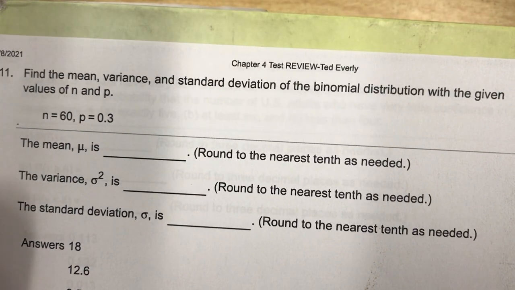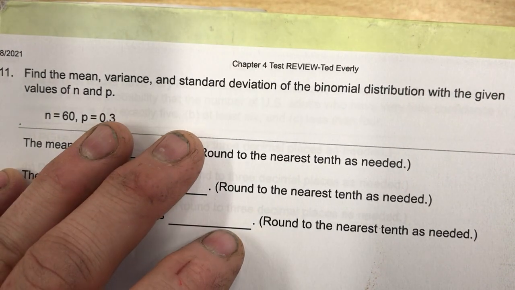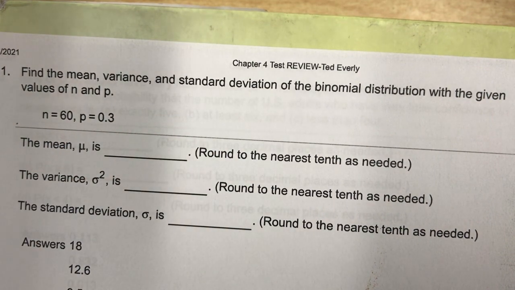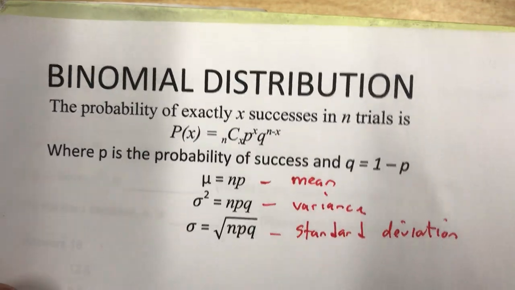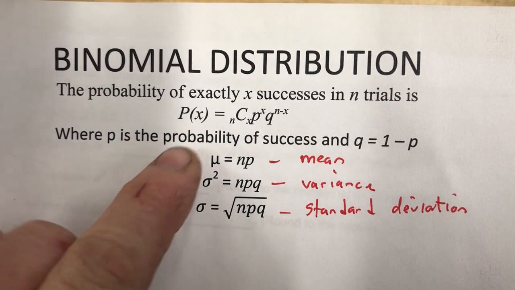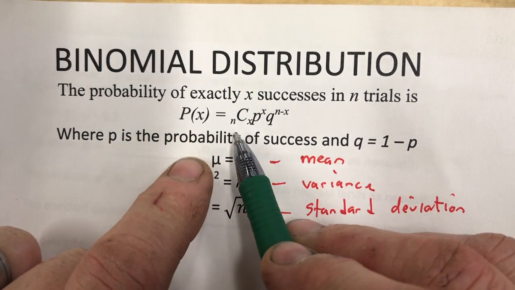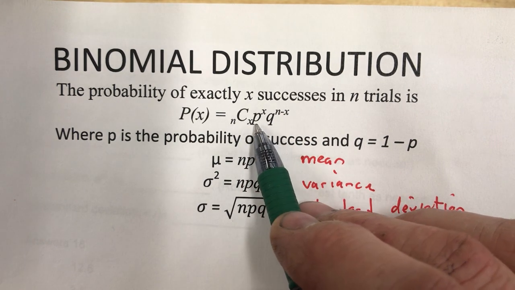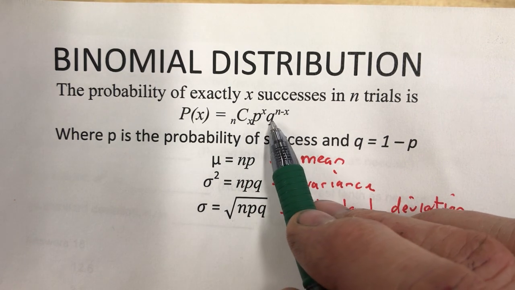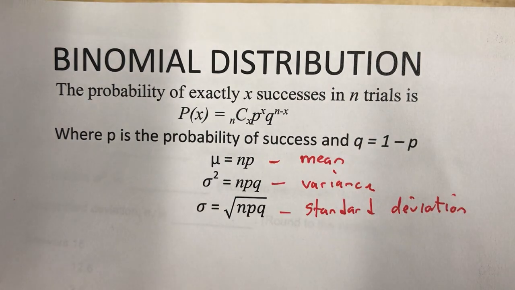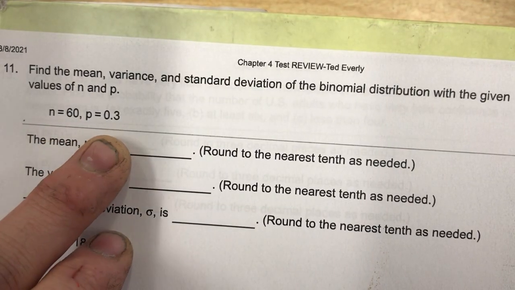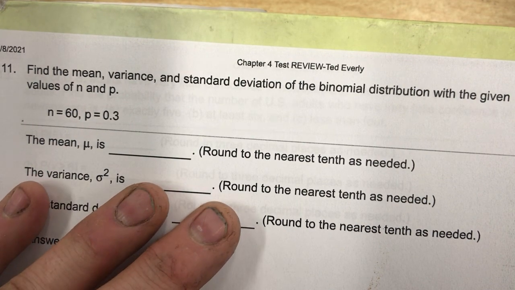All right, number 11. Find the mean, variance, and standard deviation of the binomial distribution. All right, this is a binomial, so these are our notes for binomial. The probability is going to be n choose x, p to the x, and then q to the n minus x power. What that means is in here, n is 60, p is 0.3.